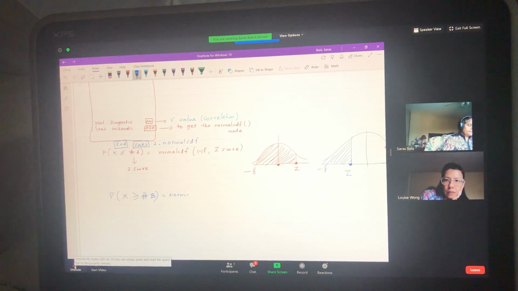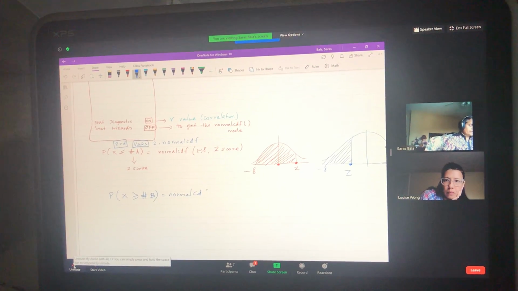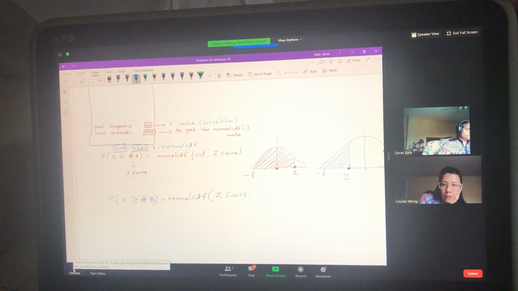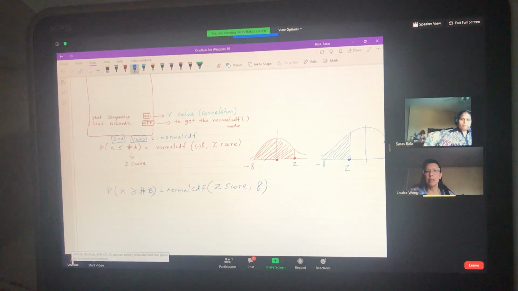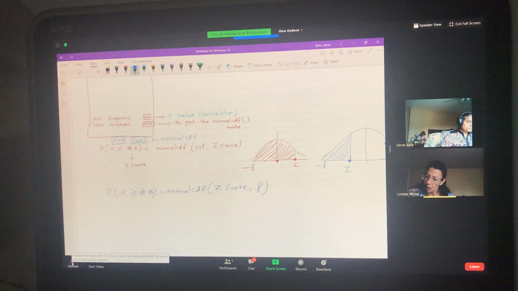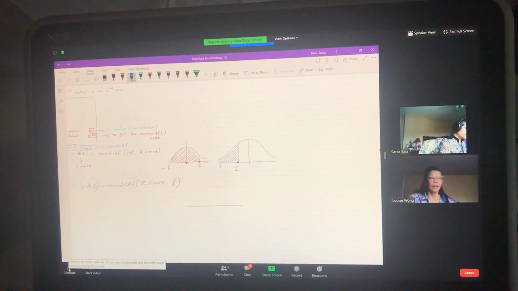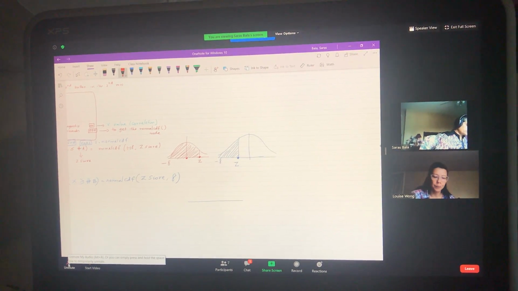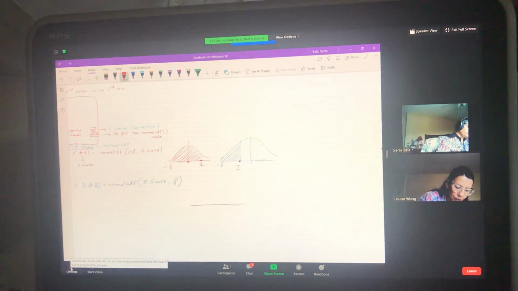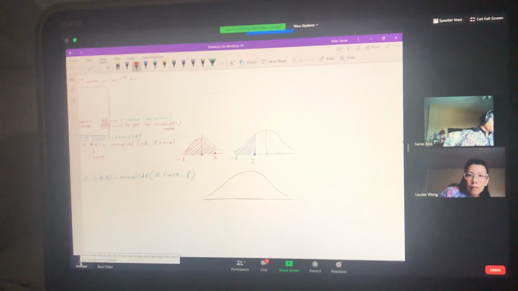So let me complete this one so that others can get the idea of what we are supposed to do. Okay, I am converting my numerical value to the z-score. This will give you again 2 types of diagram. One has a positive z-score, and the other has a negative z-score.